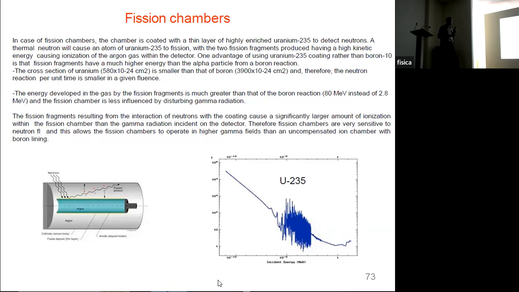Compare this, for example, to 2.8 MeV with boron reactions. And this allows you to get a significantly large amount of ionized electrons in your detector.